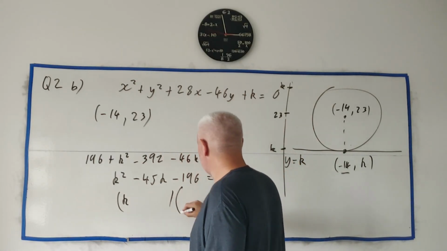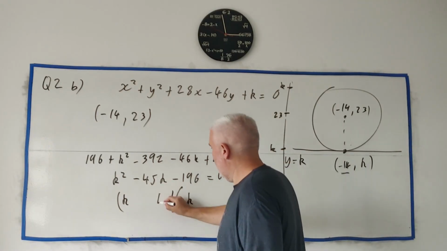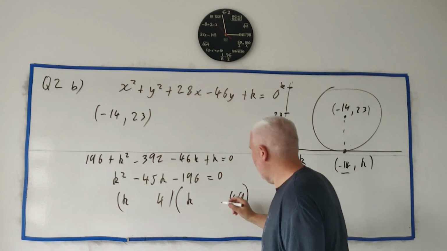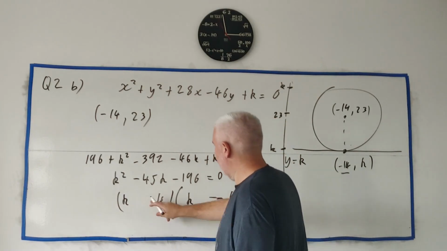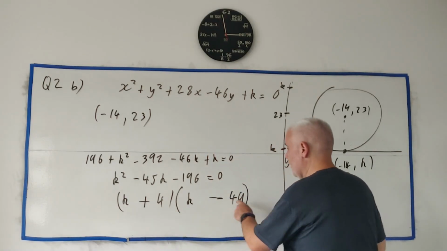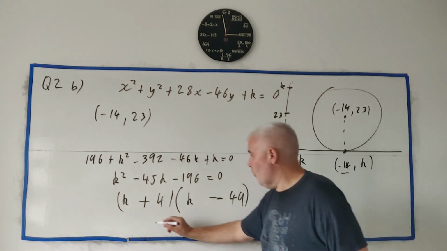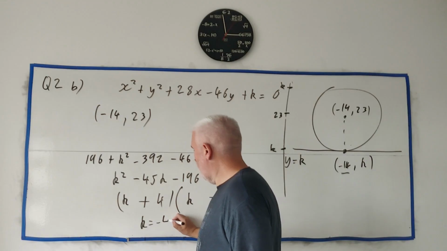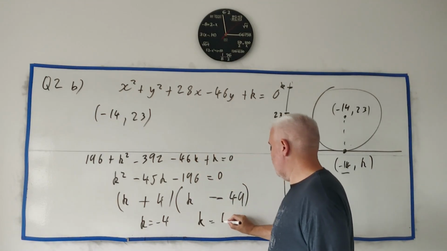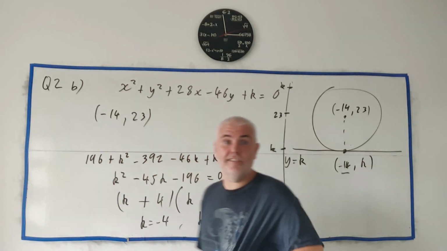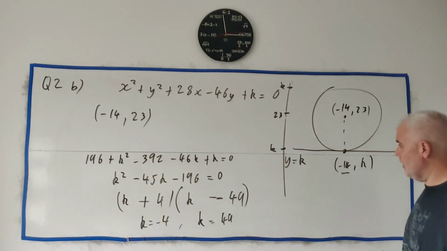So the factors of this are 4 and 49, and I would need a minus 49 to get up to there, and I need a plus 4, and minus and a plus does make a minus there. So our two answers here would be k is equal to minus 4, or k is equal to 49. And those are the answers to part B.